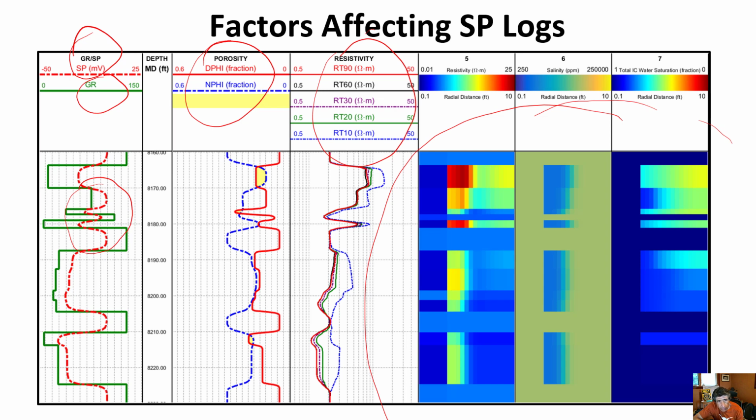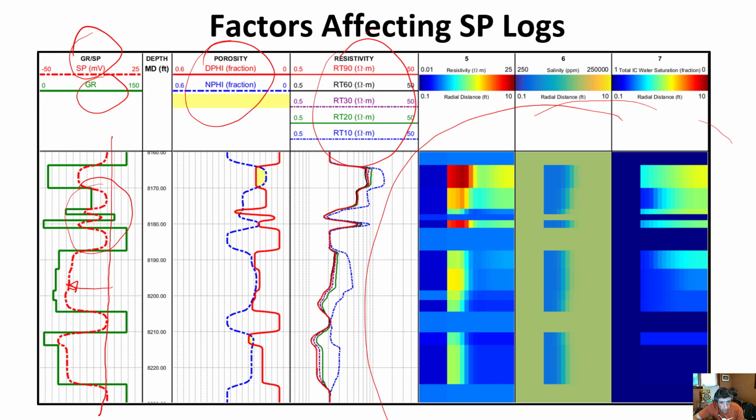Also, the variability of gamma ray, more or less gamma ray, also presence of shale will modify the value of the spontaneous potential log. Obviously, we would choose this line here as the shale baseline, and the deflections will be to the left. So that means that we have more salt concentration in the formation water than we have in mud filtrate.